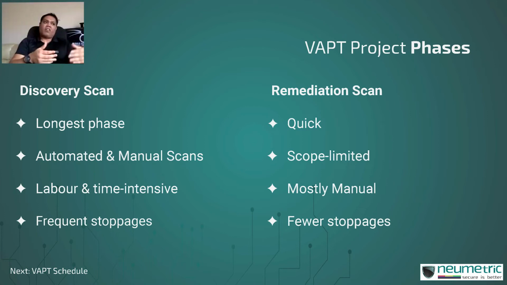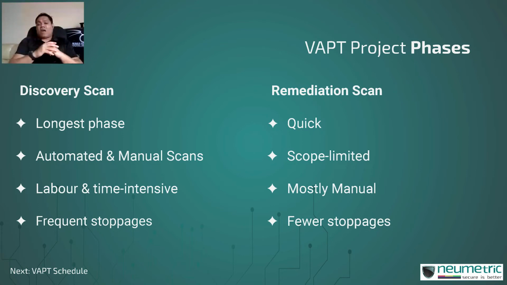Similarly, security testing, when it is integrated into your CI/CD or your software development lifecycle, is not a project anymore, it is a process. Here we are talking of a VAPT project, which means that there is an end to the project, and the end in this case means that you say that all of the vulnerabilities have been discovered and remediated. That is why scope limiting is important.